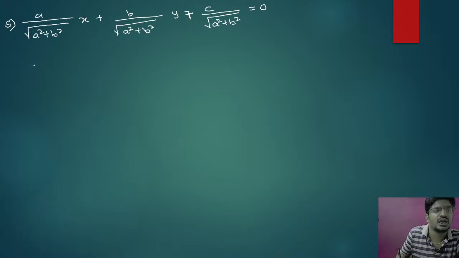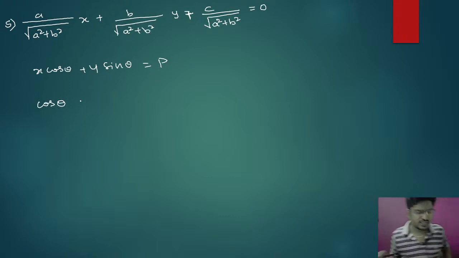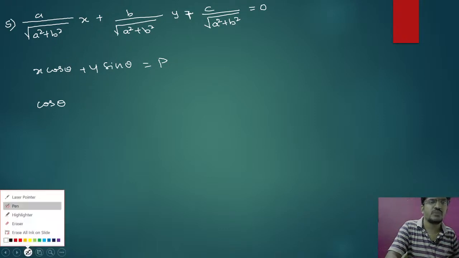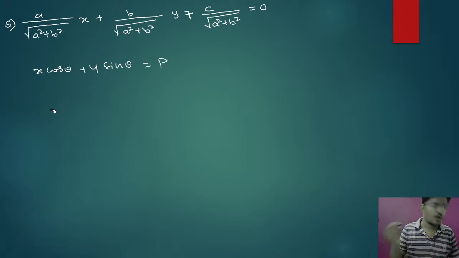Let it be. See here, we can compare it with x cos theta plus y sin theta equal to p. Clear? So here cos theta will be equal to minus a by root of a square plus b square, and sin theta will be equal to minus b by root of a square plus b square. So let us see it whenever we come through the problems.